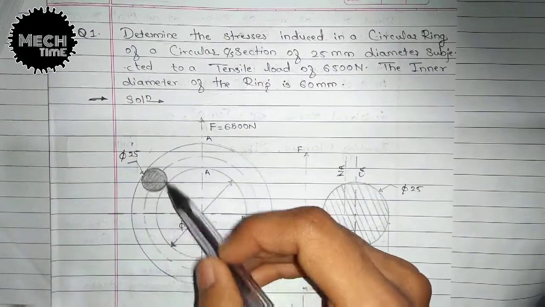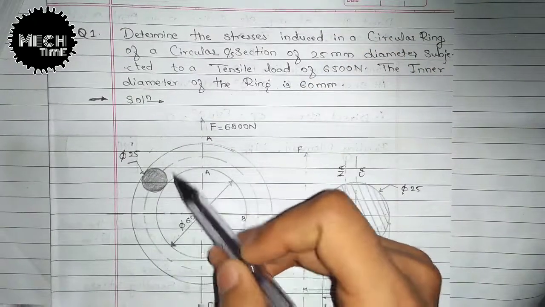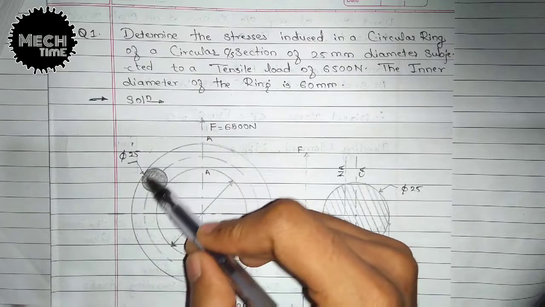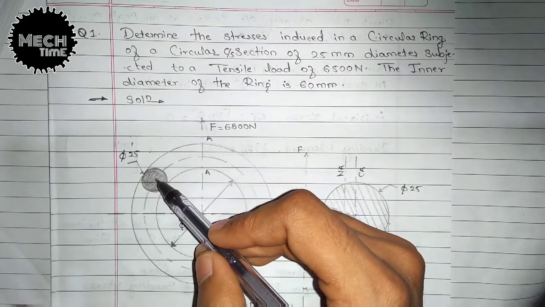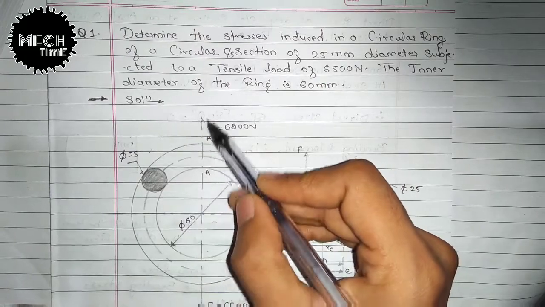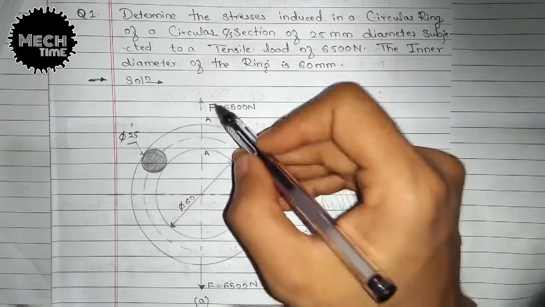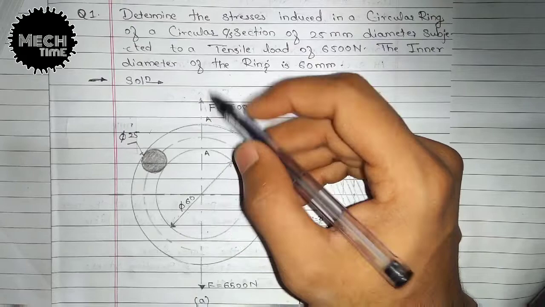You need to draw it yourself, because they have not given any figure in the question. You can see this is the closed ring. The circular cross section is 25 mm diameter, which is subjected to a tensile load. You can see a tensile load on both sides. If it is in the other way, then it is a compressive load.